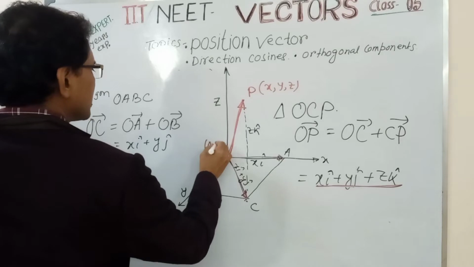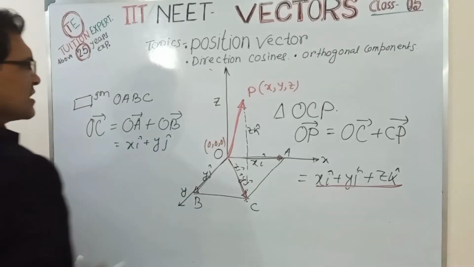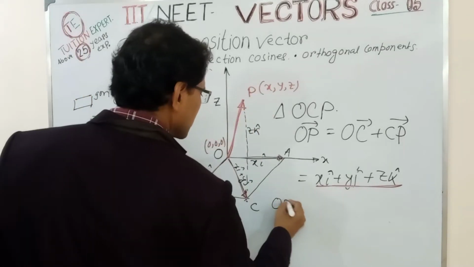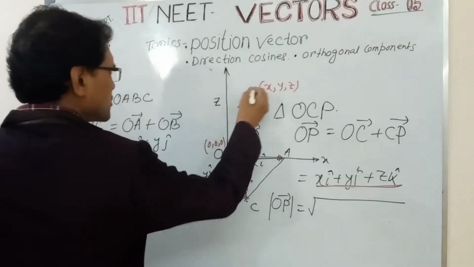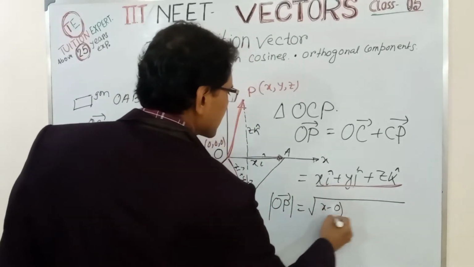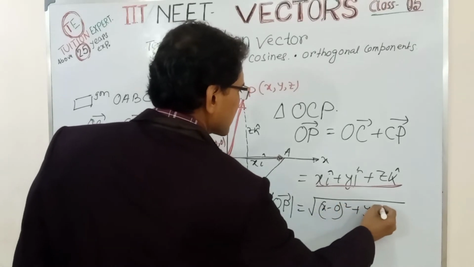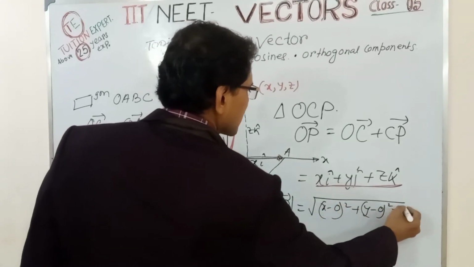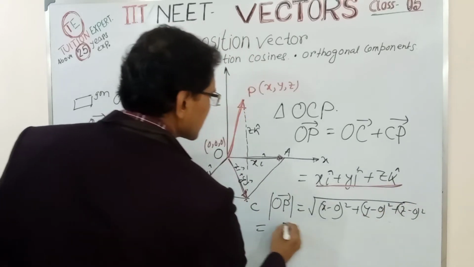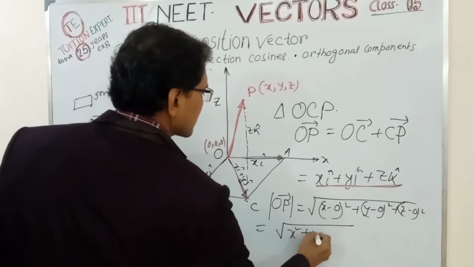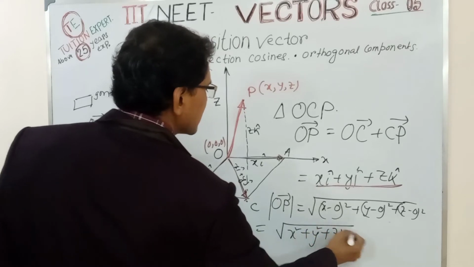O is the origin, and this is x, y, z. It equals the distance between two points, which becomes this.